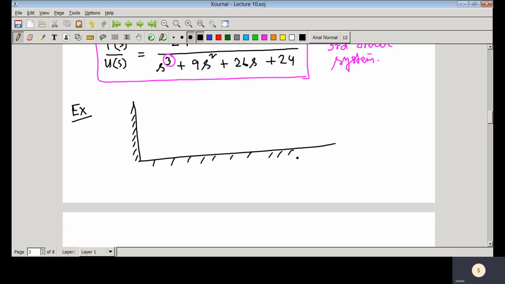So we assume that this is frictionless, and we have two masses here, mass 1 and mass 2. They are connected via a spring. It's a linear spring we have considered, and here the displacement is x1, displacement is x2, and here one damper is connected.